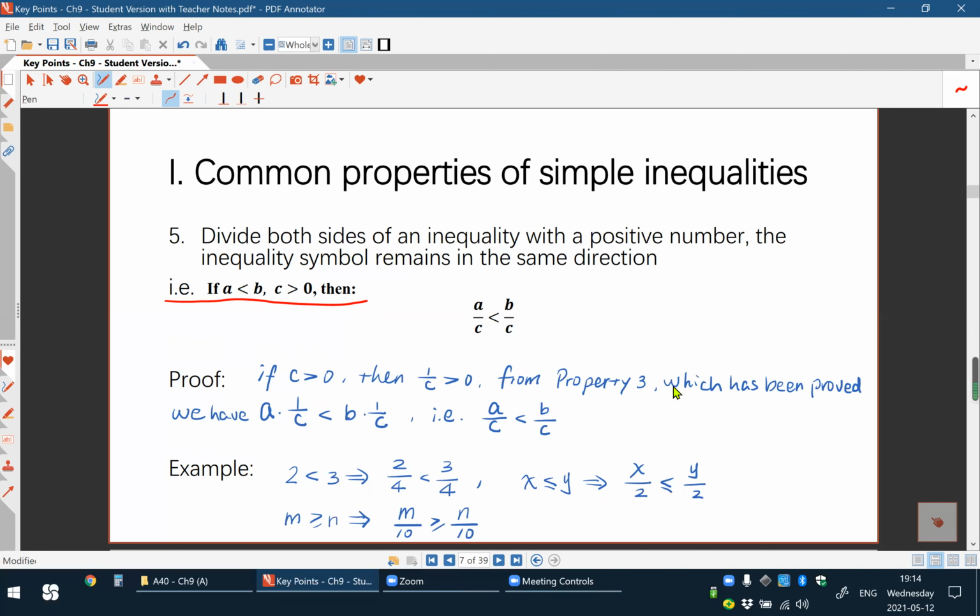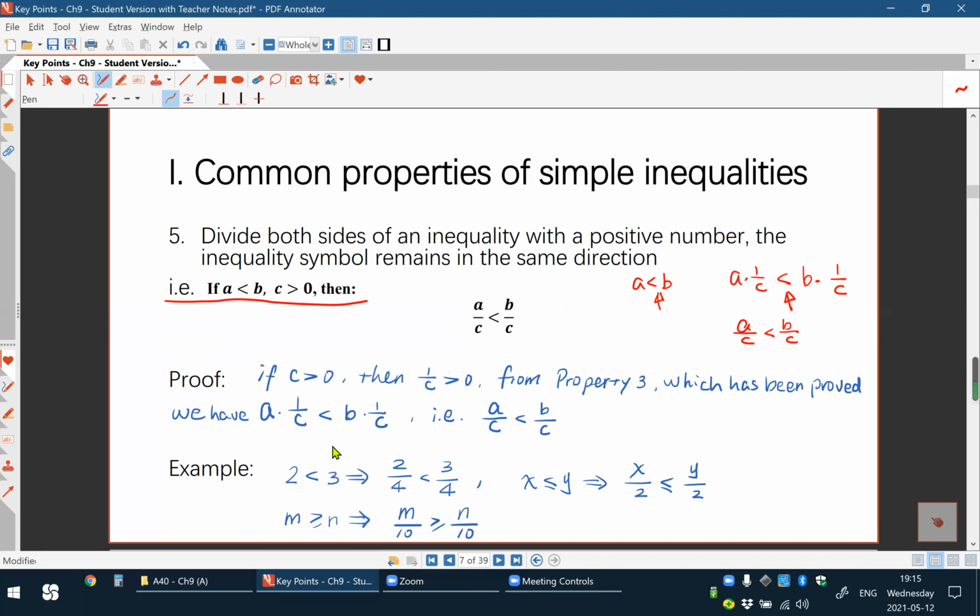And from property 3, which has already been proved, we know that if A is smaller than B, we can times a positive number to both sides of the inequality. So A times 1 over C is also smaller than B times 1 over C. The inequality sign here does not change direction. So that means A over C is smaller than B over C.